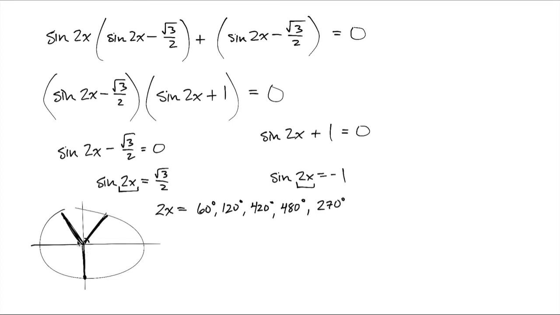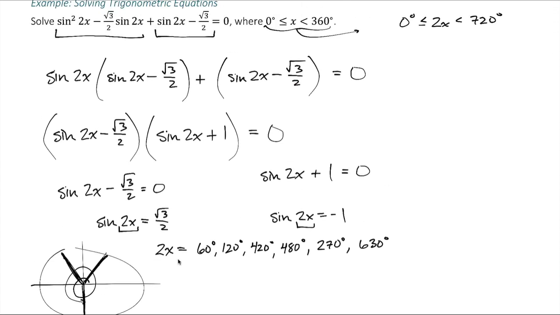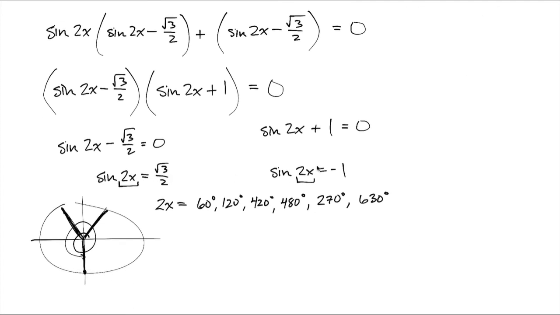But we could also go all the way around there one more revolution, or just add 360 degrees to this, and we get 630. So those are all of the angles, 2x between 0 and 720, where we get either one of these.